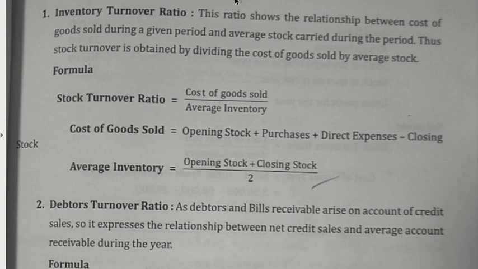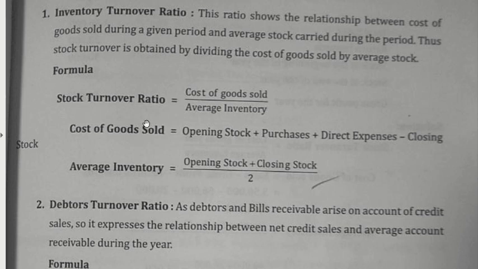So your inventory turnover ratio shows the relationship between cost of goods sold during a period and average stock carried during a period. So cost of goods sold during a period and what is the average stock that the company has, what is the turnover between the average stock and the sales happening.